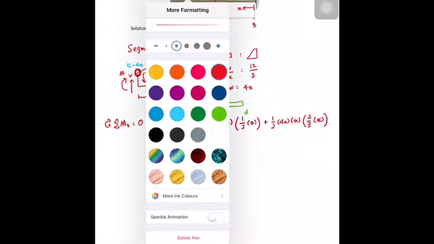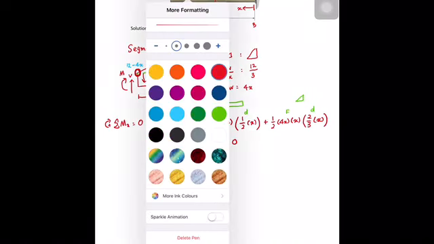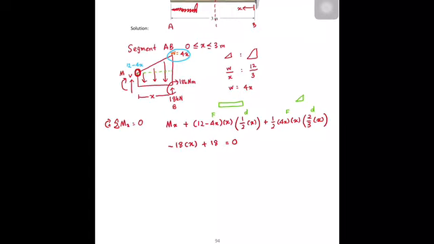So again, put the notes. This is your F and this is your D, and this one is for the linear distributed load. Okay, this is 18 times x, the distance, and the moment is equal to 0.